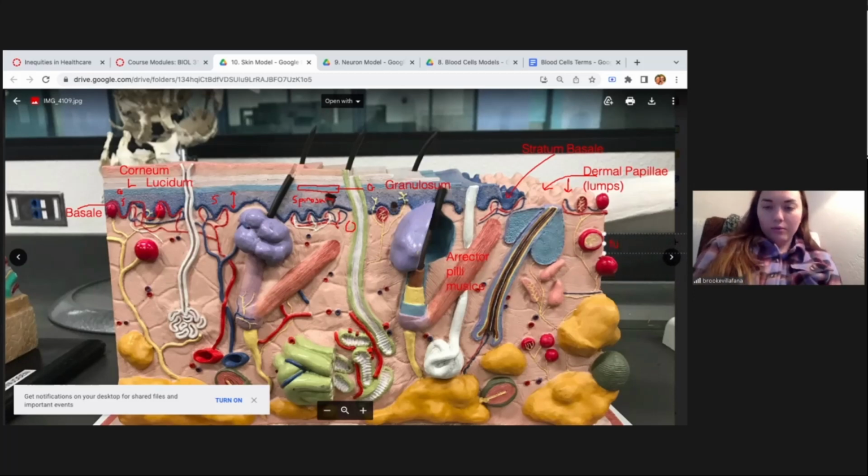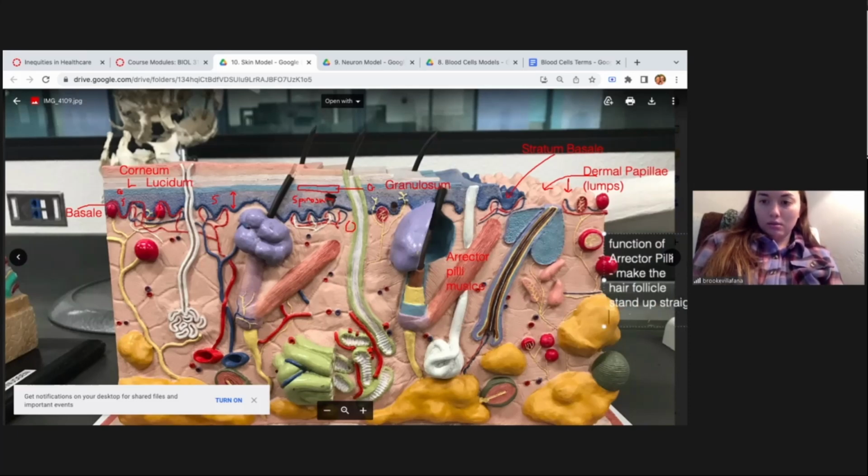How about here? Function of erector pili is to make the hair follicle stand up straight and goosebumps. So it gives us goosebumps.